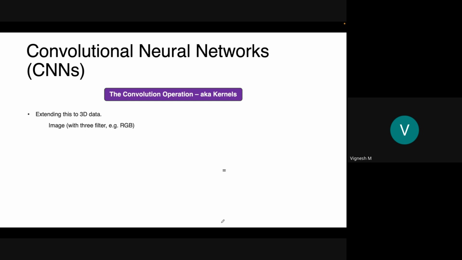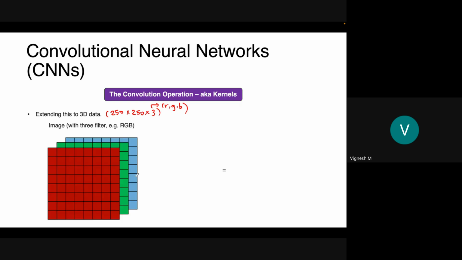So typically for an image, you have the size of the image. Let's say the size is 250 by 250, and then times 3. You have 3 dimensions for R, G, and B if this is a color image. So that'll look something like this.